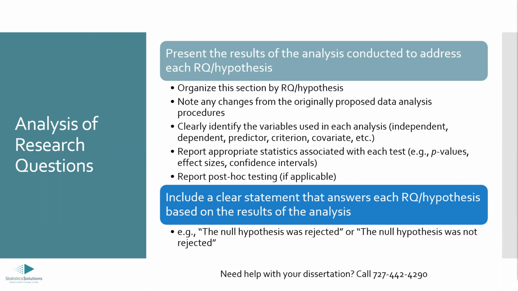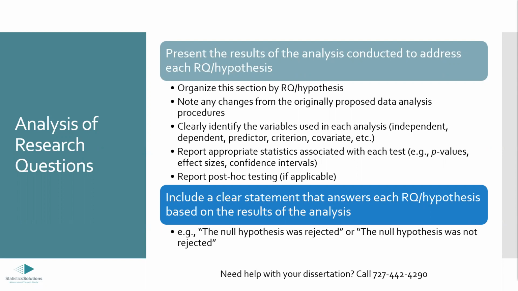You'll want to go in order of how your research questions and hypotheses are listed throughout the rest of your paper. So if you have 5 research questions, for instance, you just want to go in order of research questions 1 through 5. You don't want to, for instance, start with research question 2 and then jump to research question 4 and then go back to research question 1. You just want to present each research question in order.